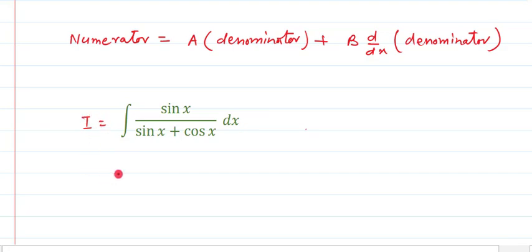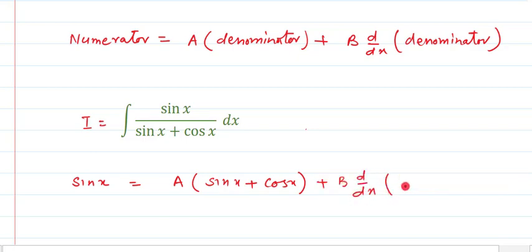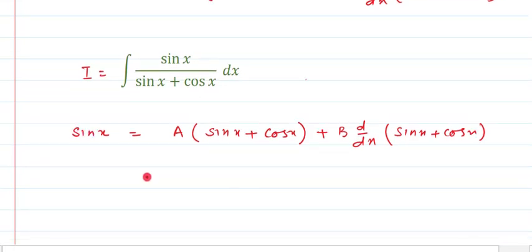I is equal to. So as I told you, here numerator is sin x is equal to A into denominator, and denominator is sin x plus cos x, plus B into d by dx of denominator, that is sin x plus cos x. So I have applied this rule over here. Now let us do the changes.